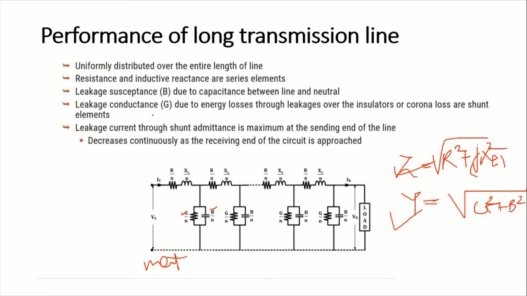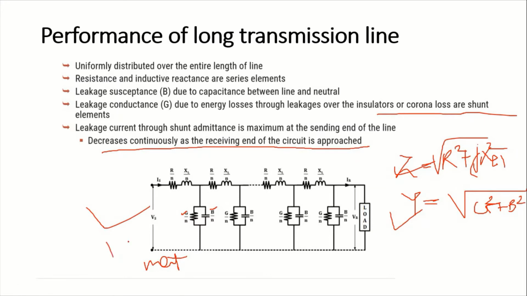The leakage conductance G is due to energy loss through leakage over the insulator or corona losses in overhead conductors. The leakage current through this shunt admittance, the total of these two, is maximum at the sending end of the line and decreases continuously as the receiving end of the circuit is approached.